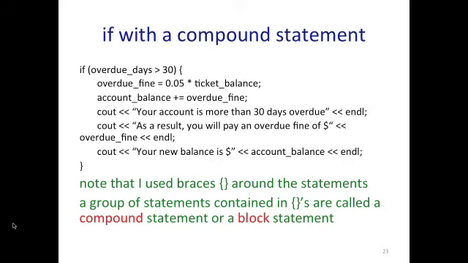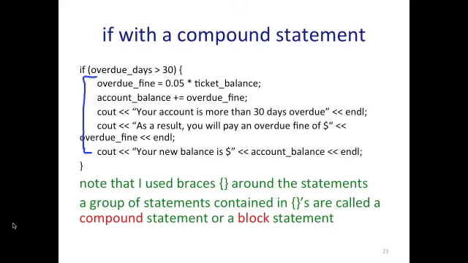Okay, we just covered compound statements. They are a group of two or more statements. So here, this is considered, well, certainly 5. So we had to put curly braces around the code.